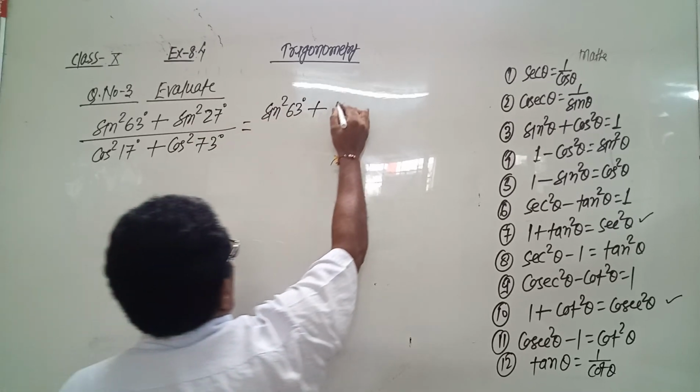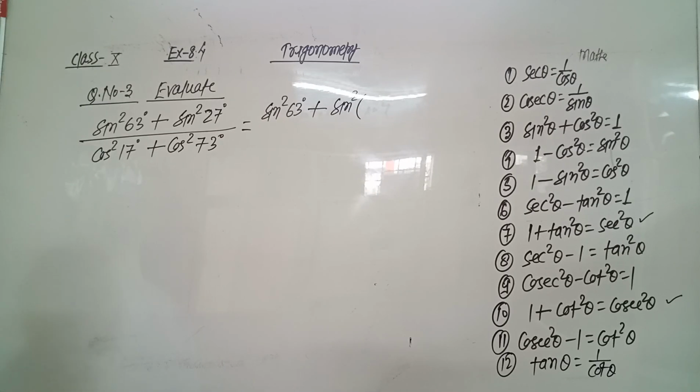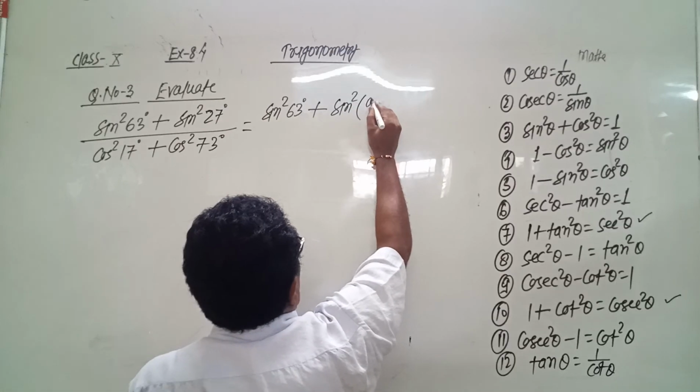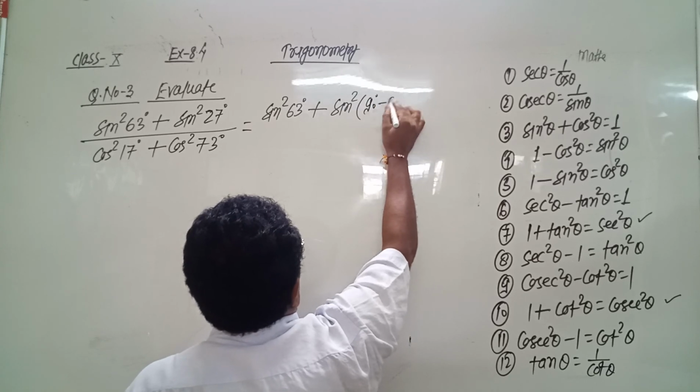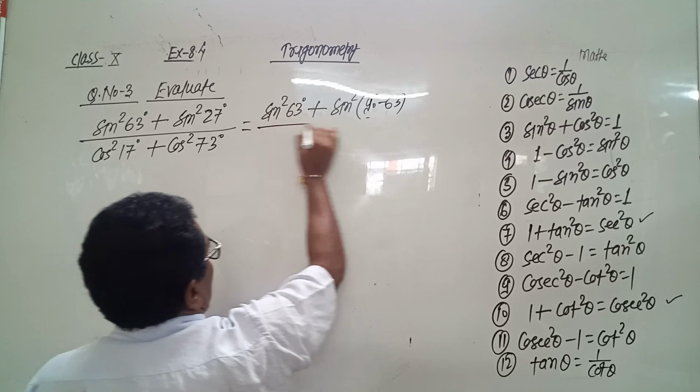and plus sin square 27 degree, which is written as sin square (90 degree minus 63), because 90 minus 63 is 27.